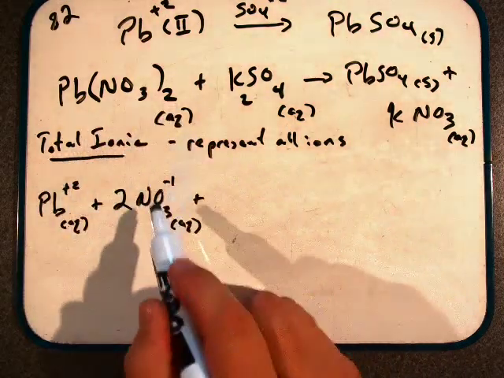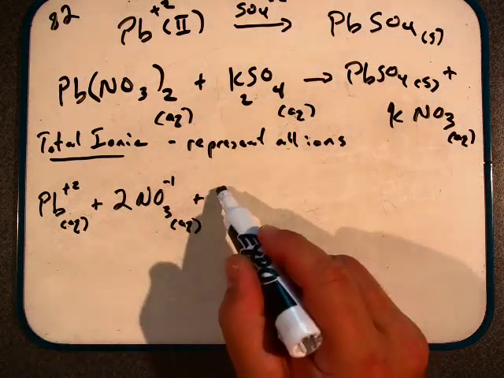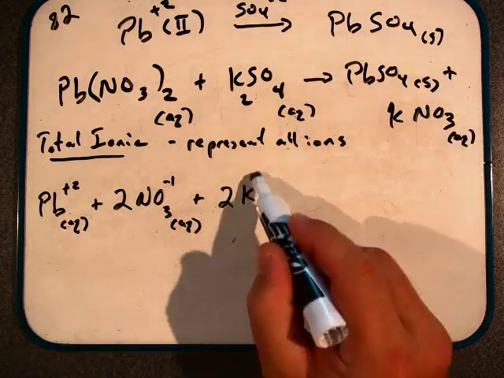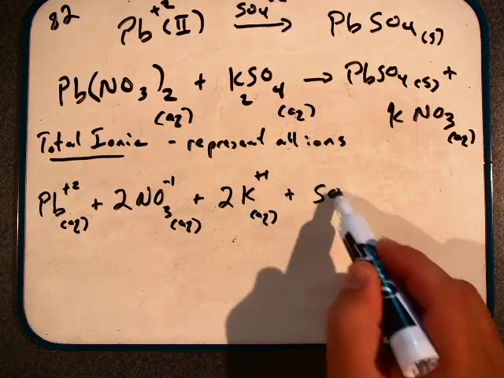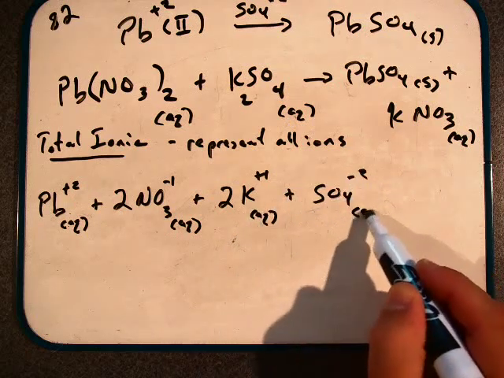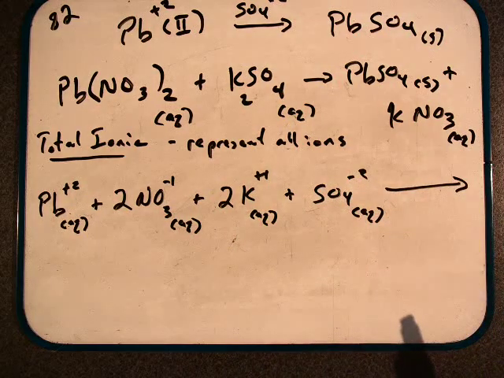I just took lead 2 nitrate and split it up into its individual ions, and we can do the same thing for our potassium and our sulfate. And so those would be all the starting materials in their ionic form.